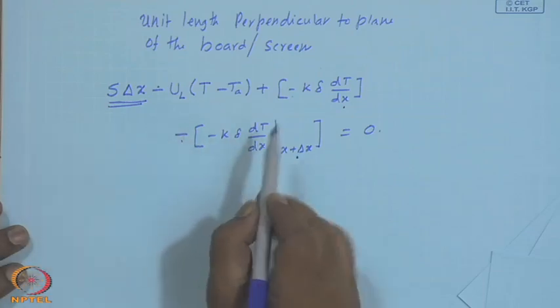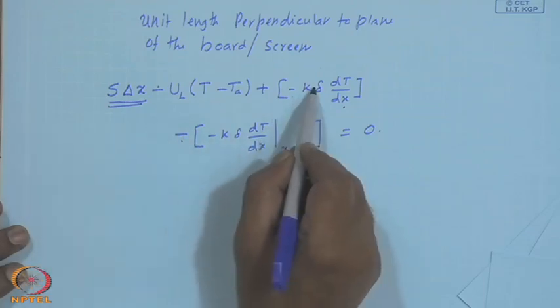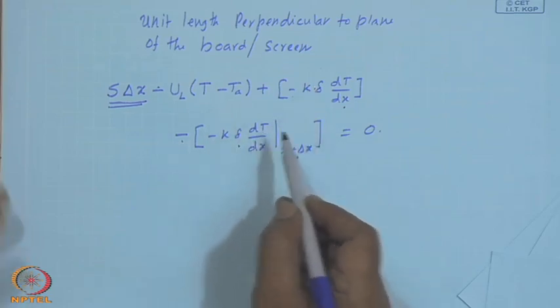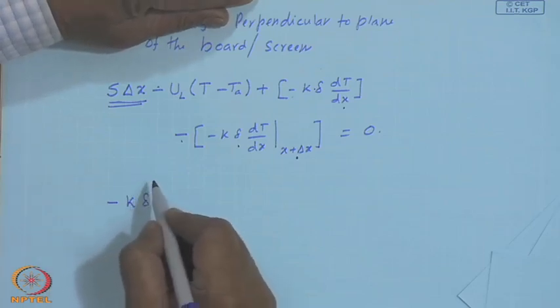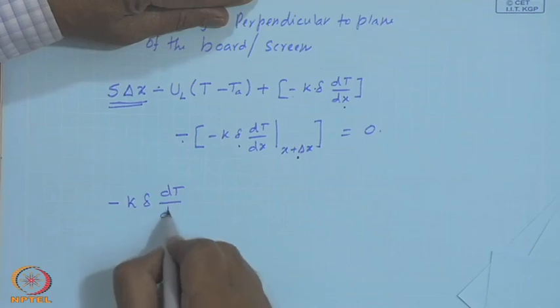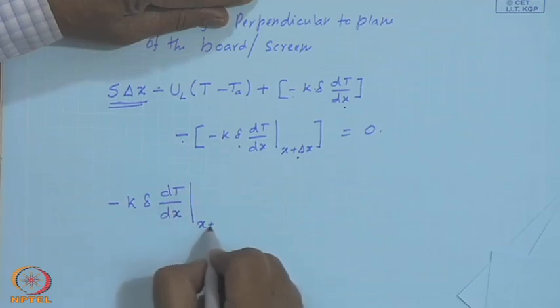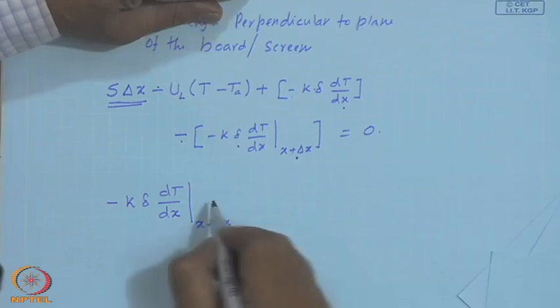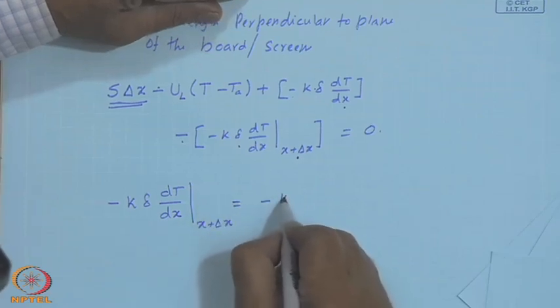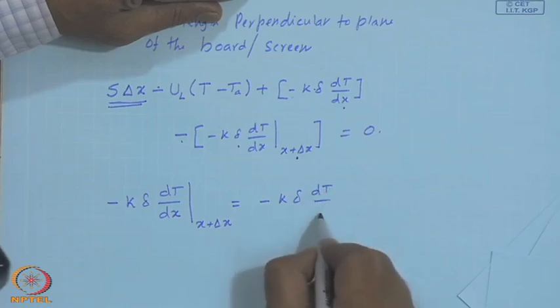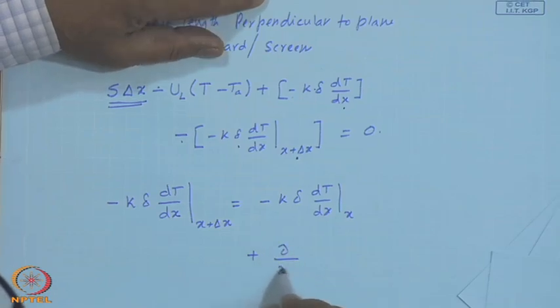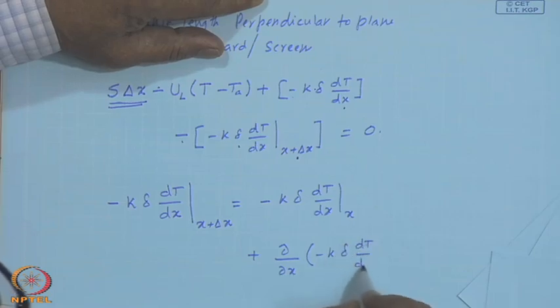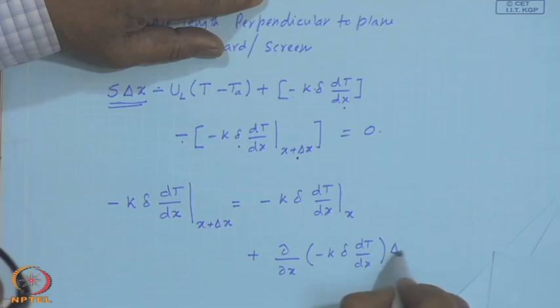So, there is a minus sign. Now, the gradient of dT/dx is going to take care of whether this is positive or this is larger, this is smaller, etc. Minus k delta dT/dx at x plus delta x is equal to minus k delta dT/dx at x plus d by dx of minus k delta dT/dx into delta x.